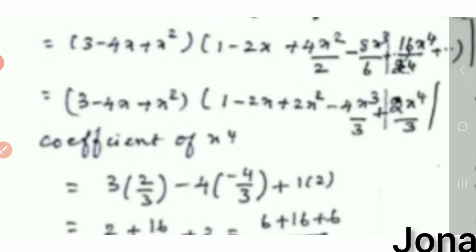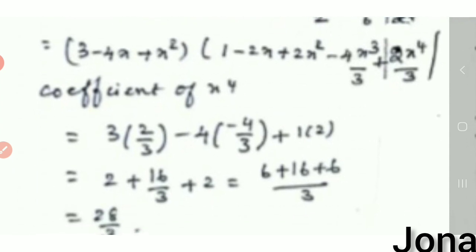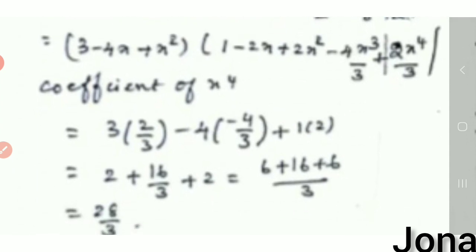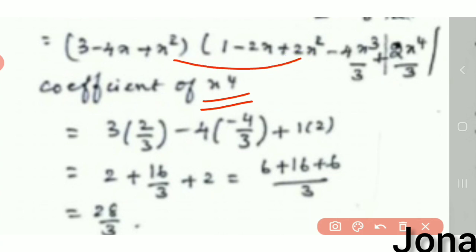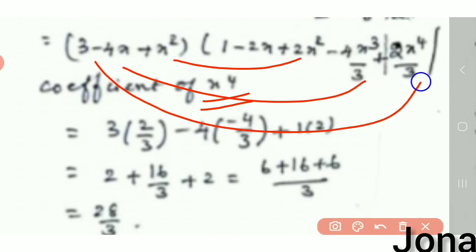From these two brackets I want to get the coefficient of x⁴. If we simplify these brackets, the coefficient of x⁴ is 3 into 2/3. We multiply terms so that we get x⁴: minus 4 into this term, and 3 into this term, and 1 into 3.